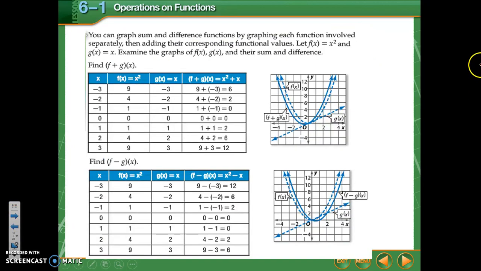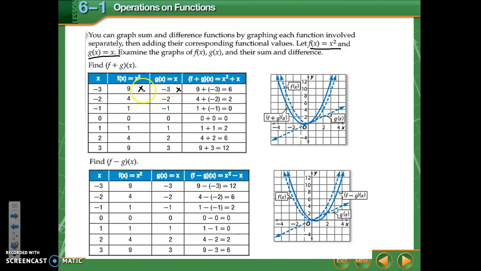Alright, so I just wanted to show you real quick exactly what's happening again when we add. If we look here, f of x is x squared and g of x is x. Those are shown by the dotted graphs over here. And then the solid blue line you see here is f plus g of x. So look at what's happening. At x equals negative 3, f of x is 9 and g of x is negative 3.